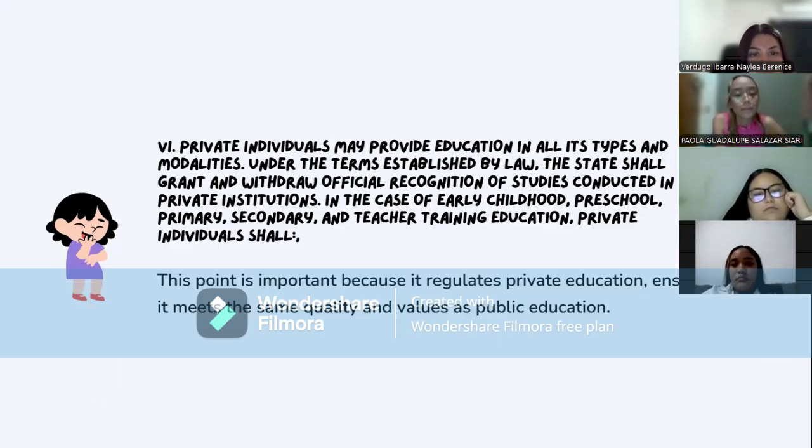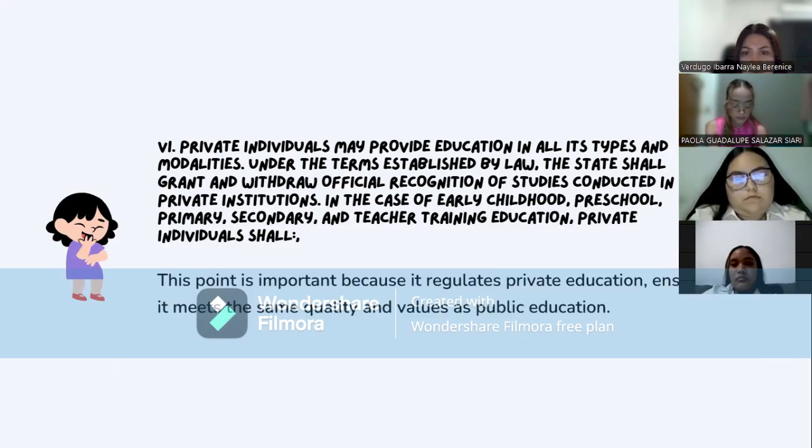Article number 6: private individuals may provide education in all its types and modalities. Under the terms established below, the state shall grant and withdraw official recognition of studies in private institutions.